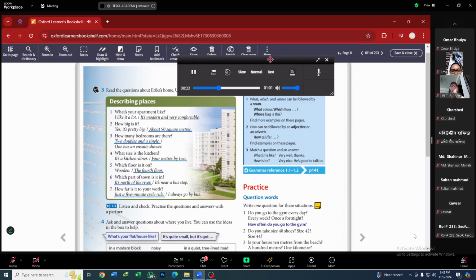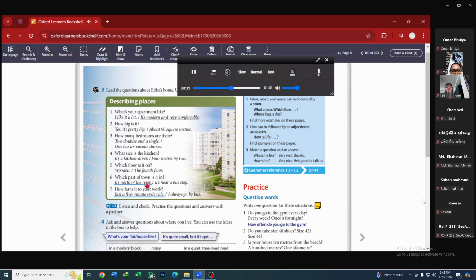How many bedrooms are there? 2 doubles and a single. 4 meters by 2. 5. Which floor is it on? The 4th floor. 6. Which part of town is it in? It's north of the river. 7. How far is it to your work? Just a 5-minute cycle ride.